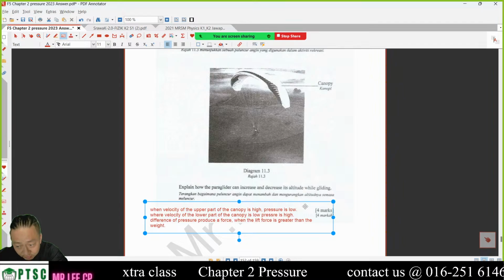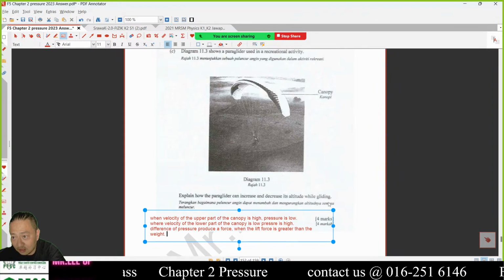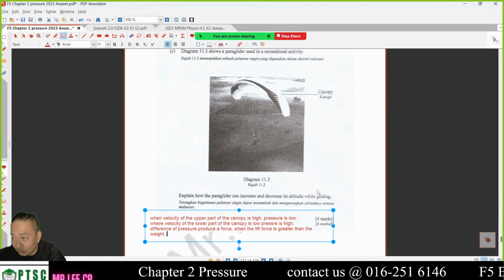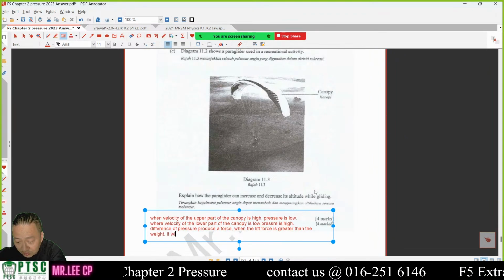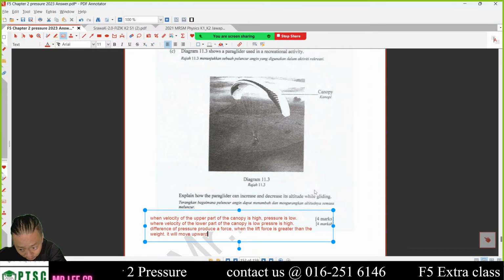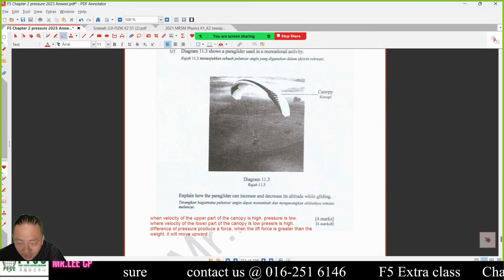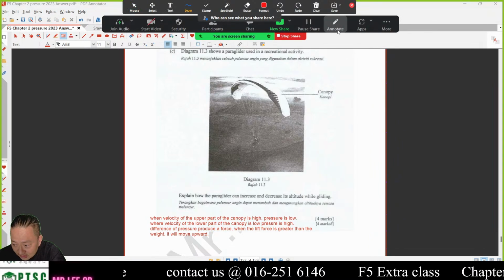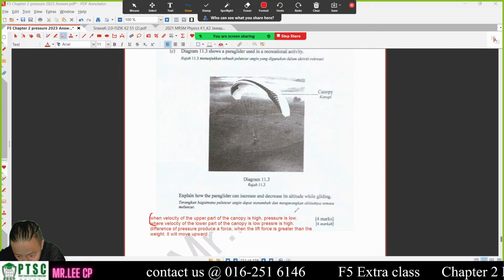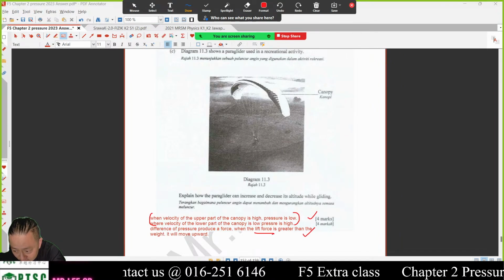When the lift force is more than the weight, it will move upward. How many marks do you guess? This one gives you 1 mark, and then lift force 1 more mark.